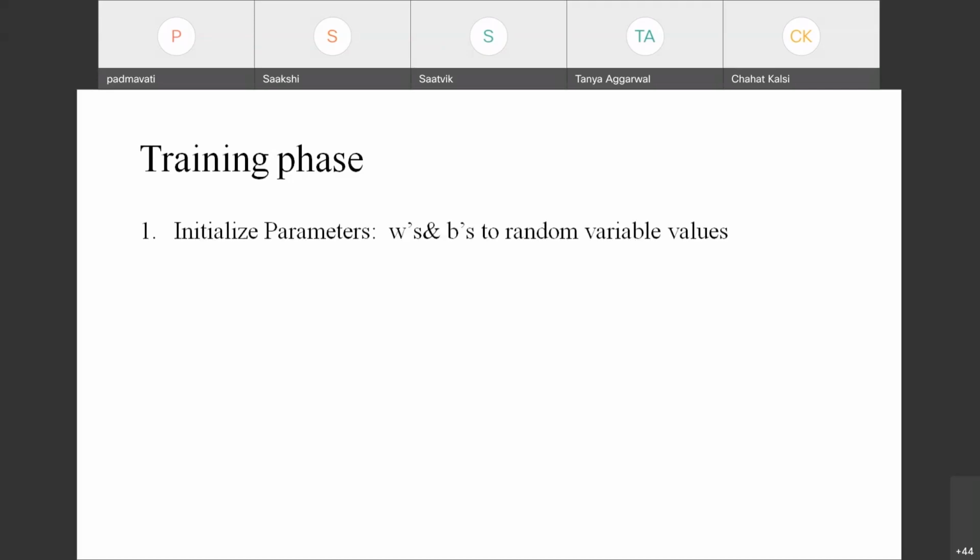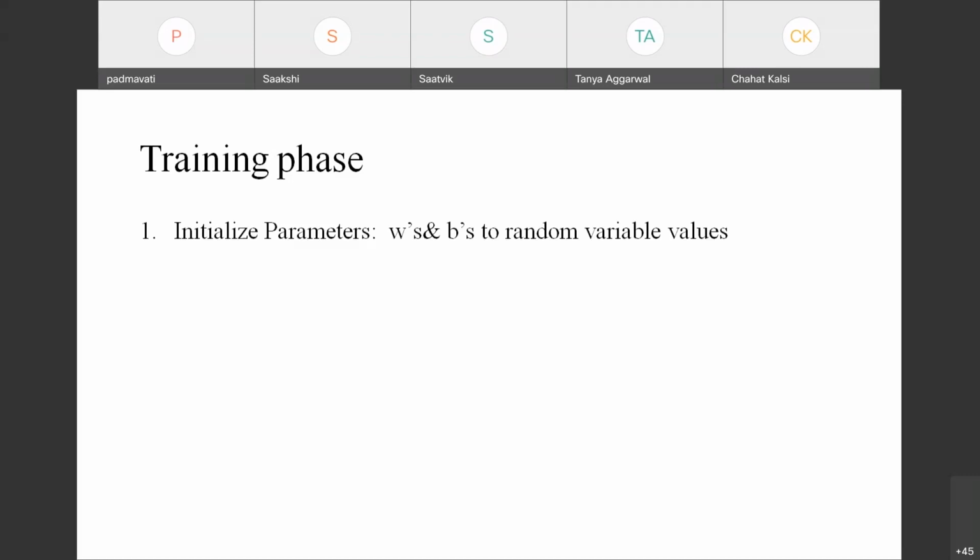So for that sake, initially, as I mentioned earlier, we do not know the exact values of the parameters. If we knew the weight values required for the model, there would be no need to compute the backpropagation, or to compute the error.